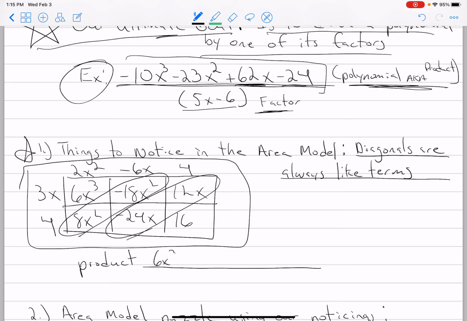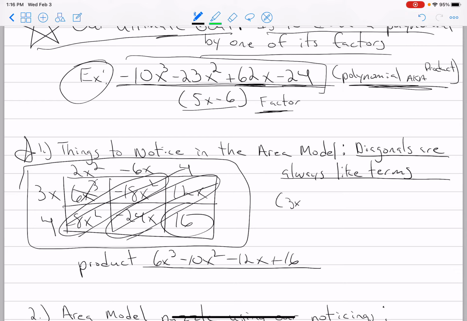So if I say, what does this whole thing equal? Well, it's 6x cubed. There's that one. Negative 18x squared and 8x squared is minus 10x squared. Negative 24x and 12x is minus 12x. And then plus 16. There's the final product when you multiply.